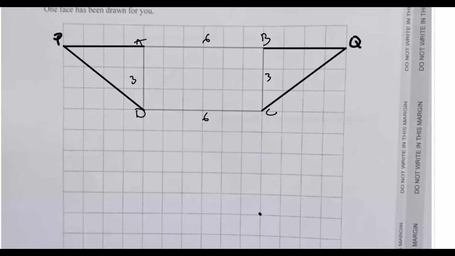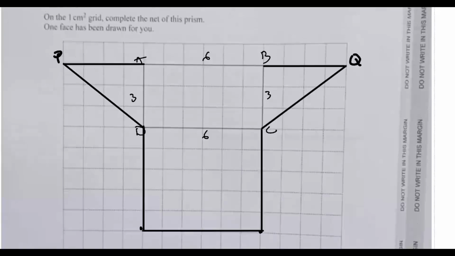So the two ends will be here. Okay, so we need to join these together and form the rectangle with dimension 6 by 5. So points P and Q will be here respectively.